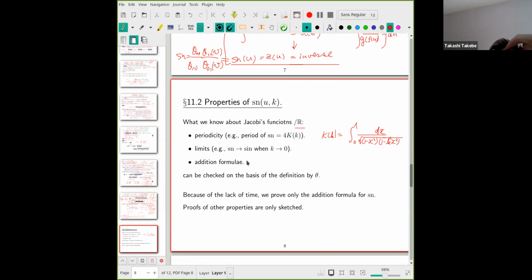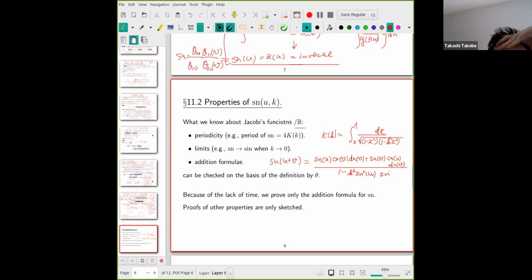By just differentiating, by checking that if this is constant, this side is also constant.